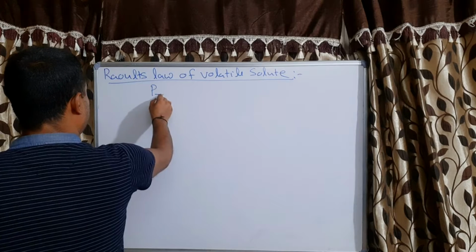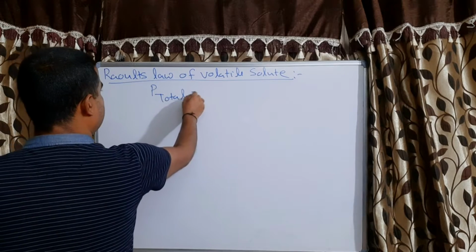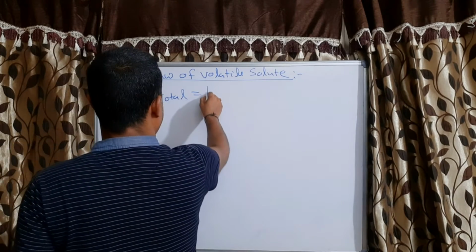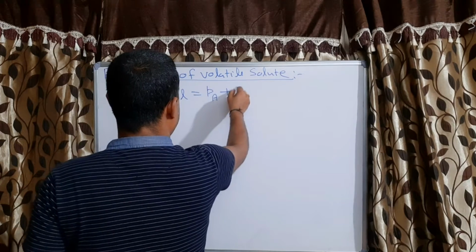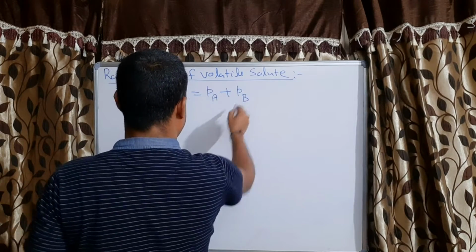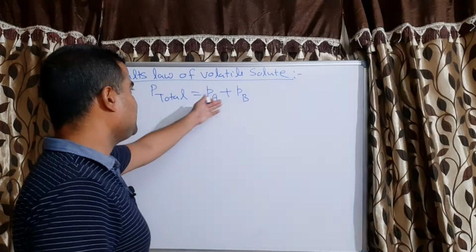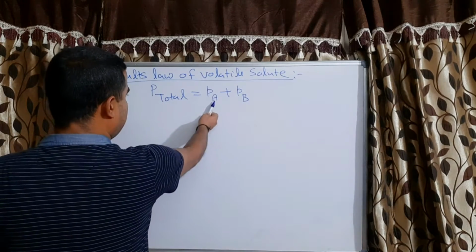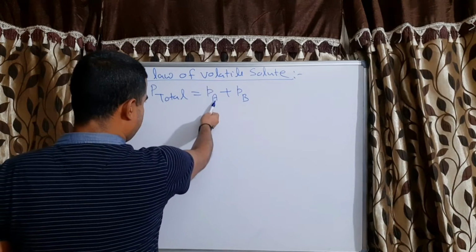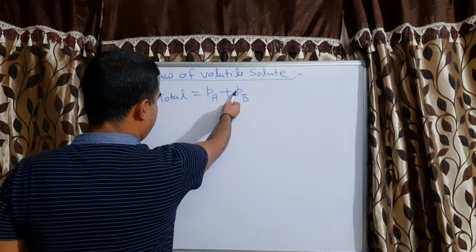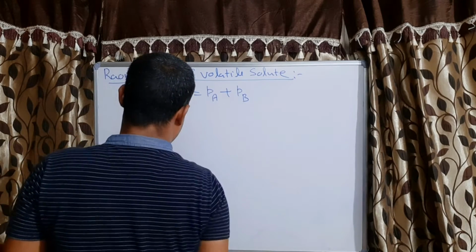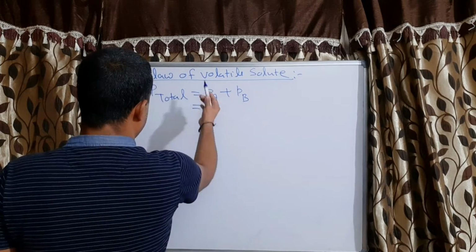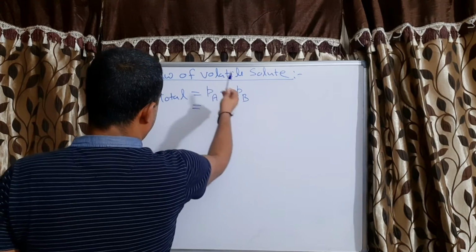So P total equal to PA plus PB. And what is PA and PB? PA is the vapor pressure of component A, plus the vapor pressure of component B. Now, how to define PA and PB?